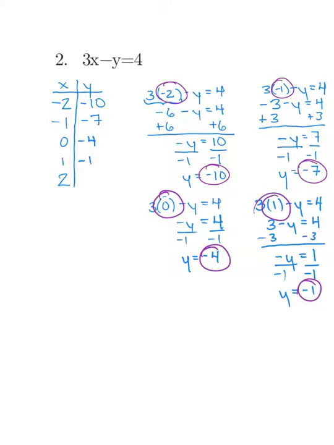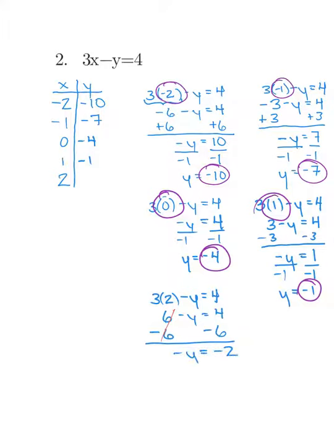And then for our final number, we want to plug in 2. So we get 3 times 2 minus y equals 4. 3 times 2 is 6, minus y equals 4. In order to get rid of positive 6, I want to subtract 6 from both sides, leaving me with negative y equals negative 2.